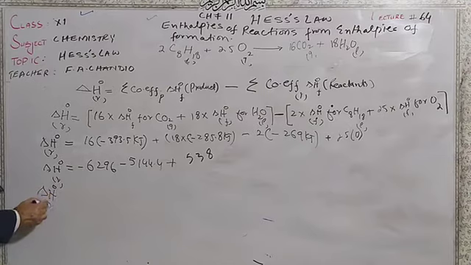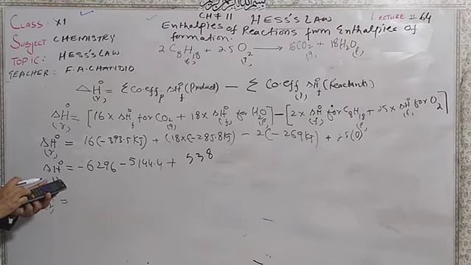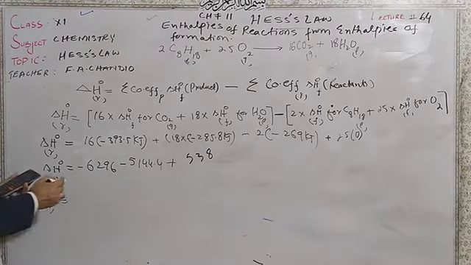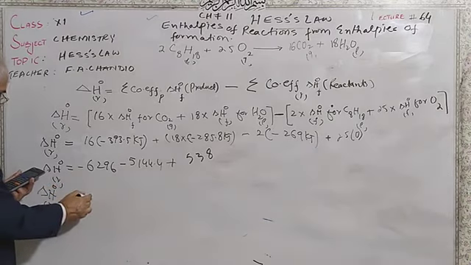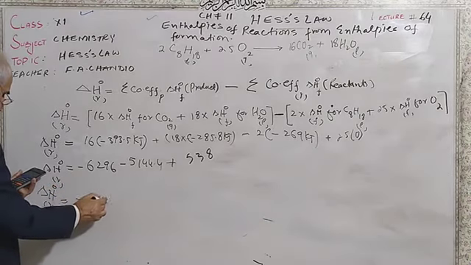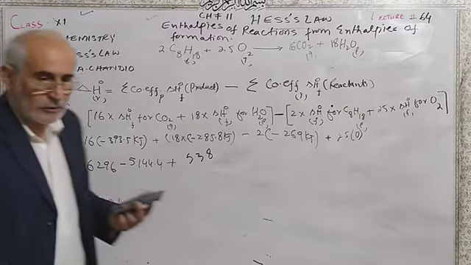Delta H naught for the reaction is equal to 6296 plus 5144.4. This will be a minus 11440.4.